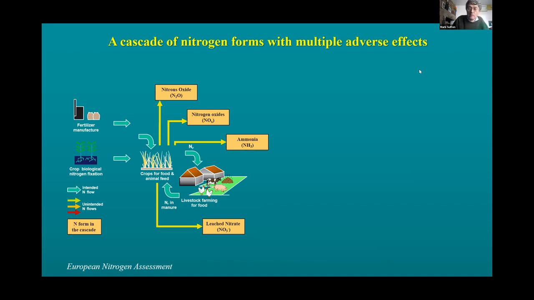We've shown that globally, 80% of the nitrogen that's going into agricultural systems is actually going to feed livestock rather than people. That's a really powerful number. So it's not just about food security, it's about feed security and how much livestock we want to have on the planet. High temperature combustion sources add into these different emissions.